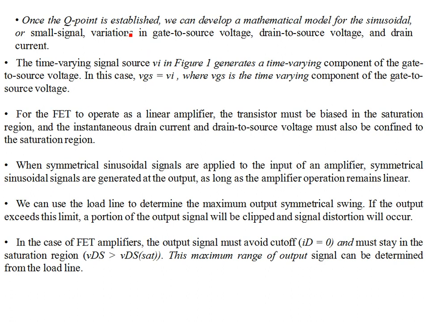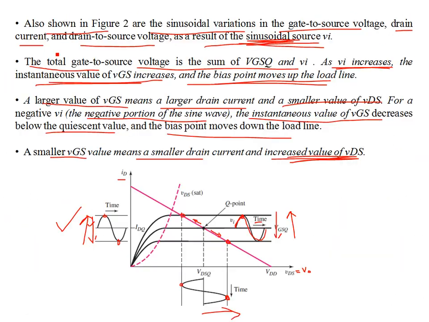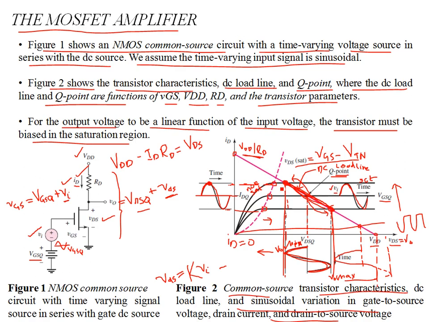Now, once the Q point is established, we can develop a mathematical model for the sinusoidal or small signal variations in the gate source voltage, drain source voltage, and the drain current. First of all, we have to establish the fact that ID is given by the saturated current in the MOSFET.